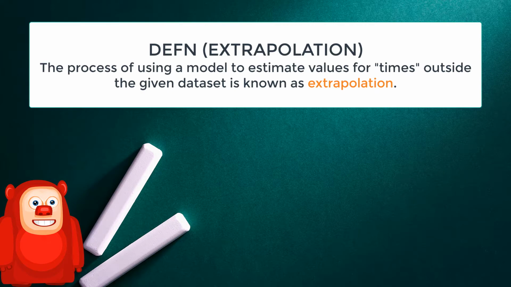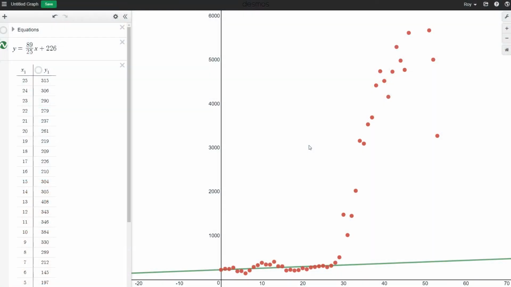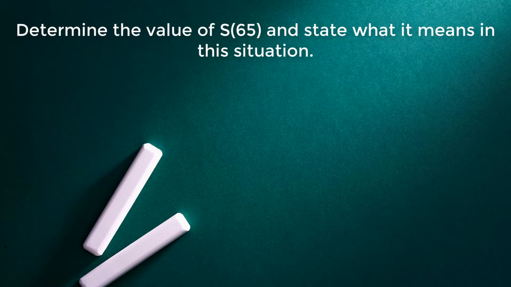When using a functional model to determine an output for a time that did not lie within our original dataset, we are performing extrapolation. That is, our original dataset went from time 0, which is 1965, all the way to actually 2018, which is time 53. In this question, we're asked for S of 65, where 65 means 65 years since 1965, or in other words, the year 2030.